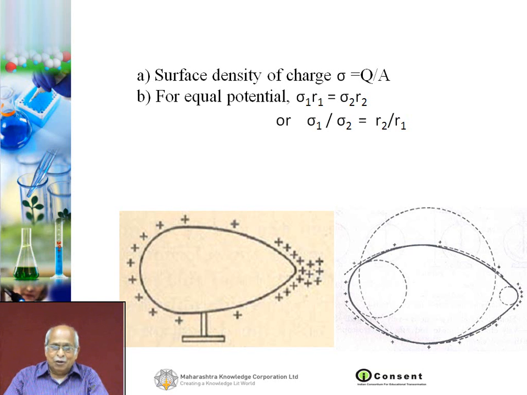Because we assume or we know that charges are at rest, there is no motion of charge. It means everywhere potential on the conductor must be same.